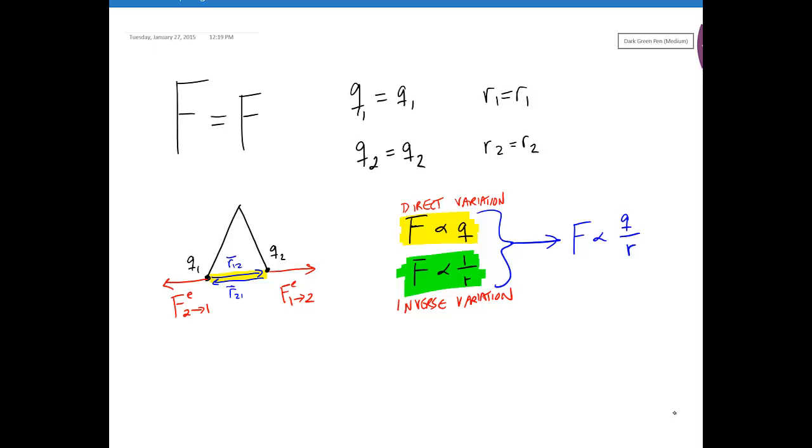And of course that leaves you with something that is what you would call in algebra class a joint variation.